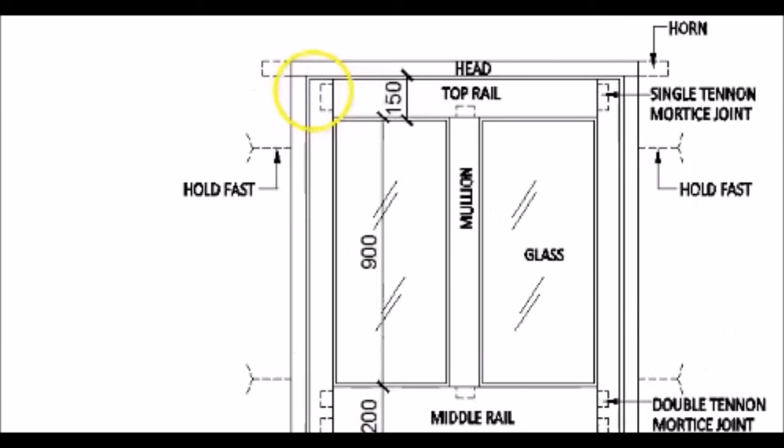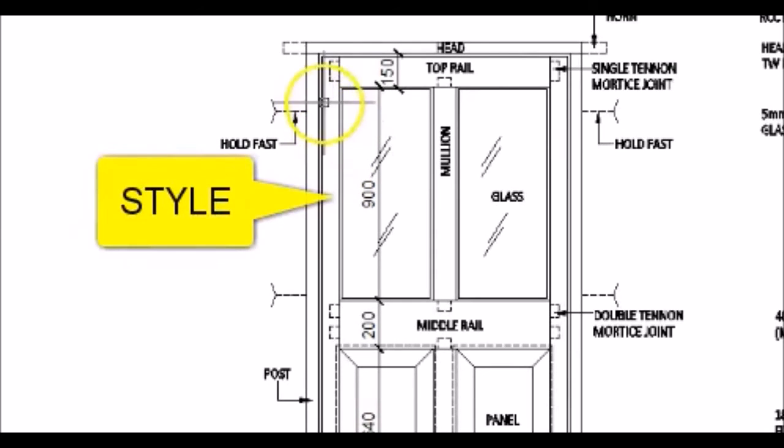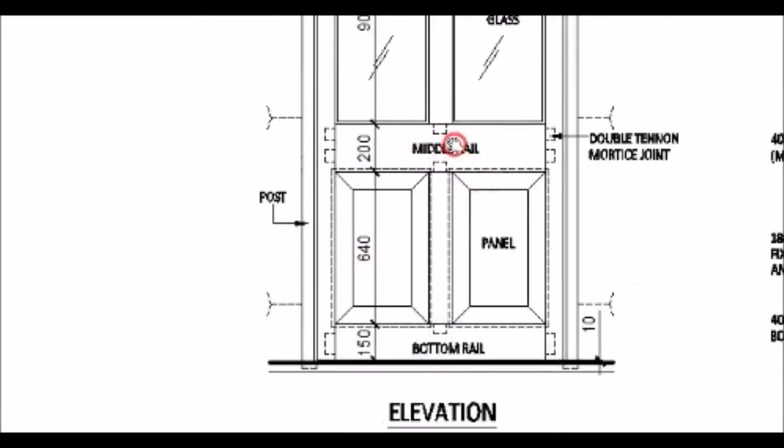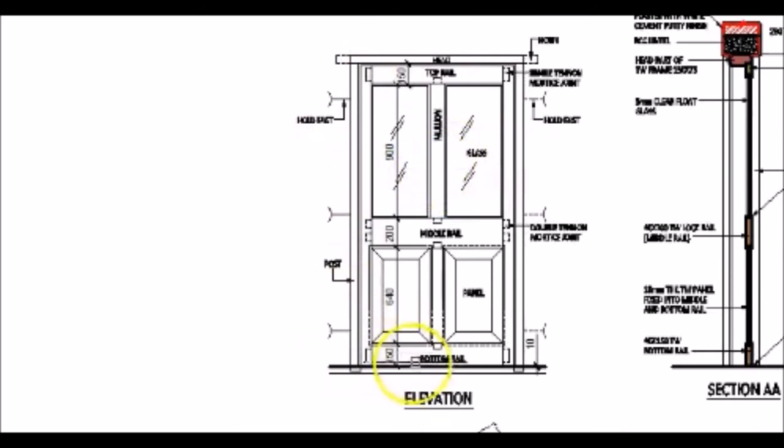You will also see the two vertical members here, which constitute the vertical members of the shutter. This is the stile, this is the other stile, this is the top rail, middle rail, bottom rail and mullion. So this is how the door shutter has been formed.